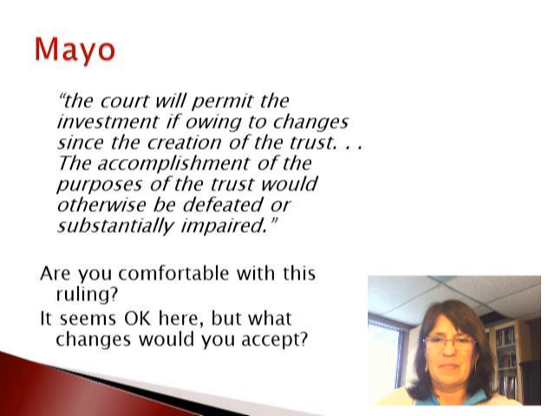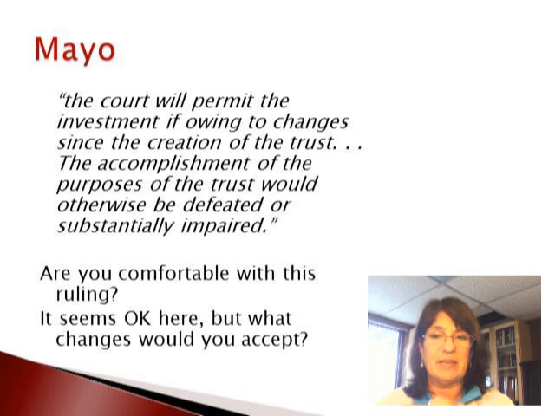Okay, so the court says the court will permit the investment in stock if, owing to changes since the creation of the trust, the accomplishment of the purposes of the trust would otherwise be defeated or substantially impaired. So first of all, we have to find out the trust purpose again.